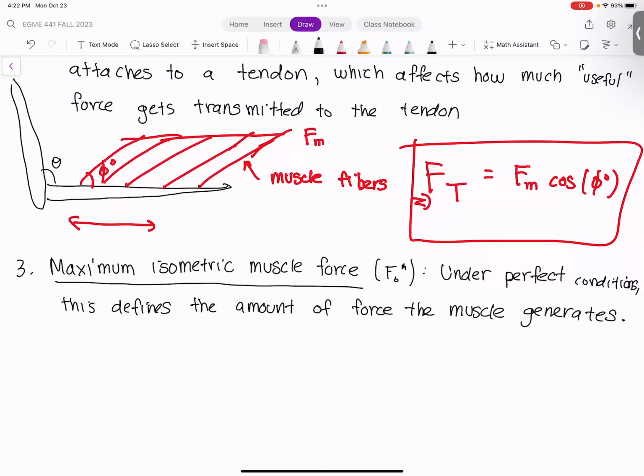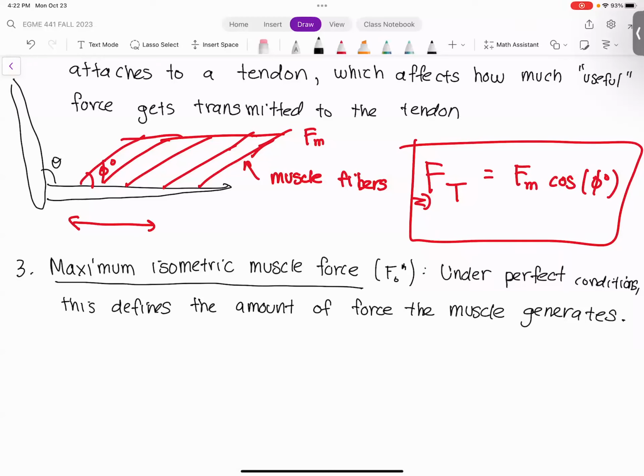All right. So what's interesting about this parameter is that it's normally very difficult to measure, because getting your muscle into the perfect conditions is very hard to achieve in practice. And so this maximum is more of a theoretical maximum, right?